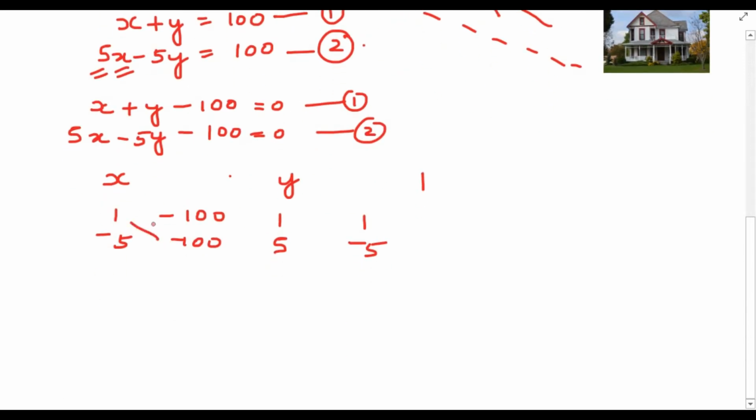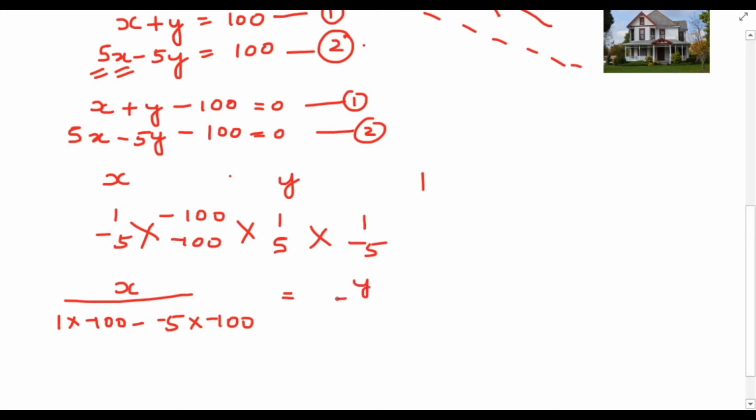So when you cross multiply, you will be having x divided by 1 into minus 100 minus 5 into minus 100, equal to y divided by minus 100 into 5 minus minus 100 into 1, equal to 1 divided by 1 into minus 5 minus 1 into 5.